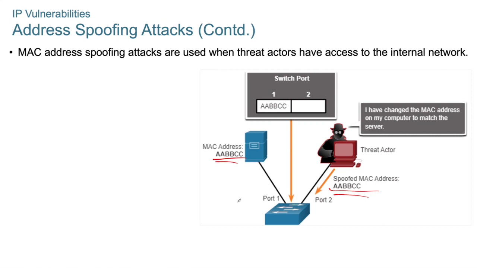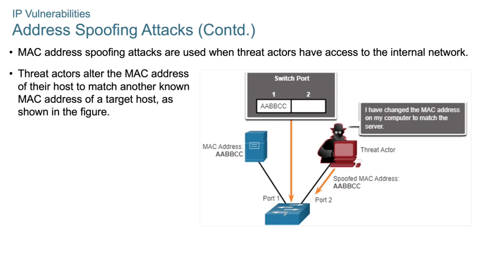So it then forwards the frame, which is designated for the target, to the attacking host. Upon receiving this, the new address port will be built for this MAC address. Suppose port 2 is built here. So the threat actor just alters the MAC address of the host to match another known MAC address.